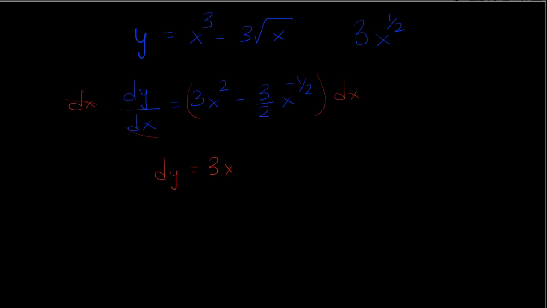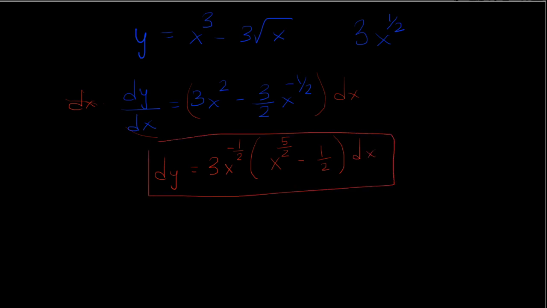And here it makes sense to always factor the smaller one, which would be negative 1/2. And that leaves me with x to the 5/2 minus 1/2 times dx. So this is what dy is equal to.